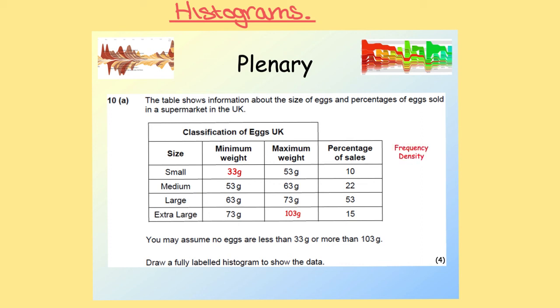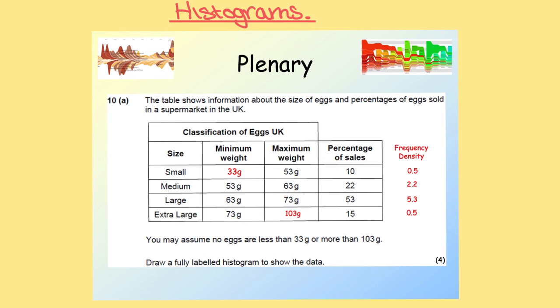We can now work out the frequency density. The first one is 0.5, 10 divided by 20. The second works out to be 2.2, 22 divided by 10. The third is 5.3, 53 divided by 10.